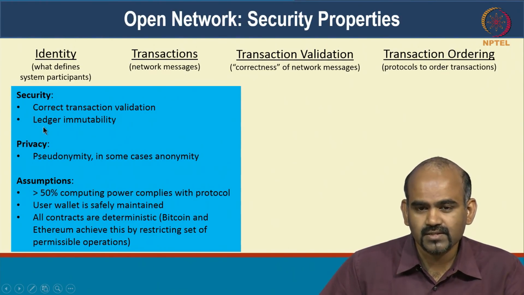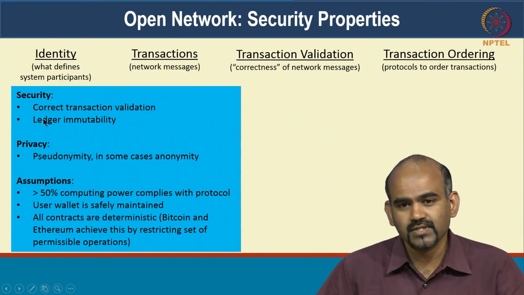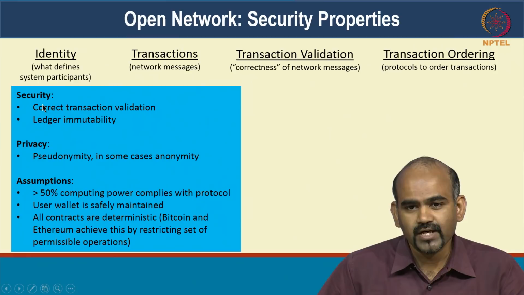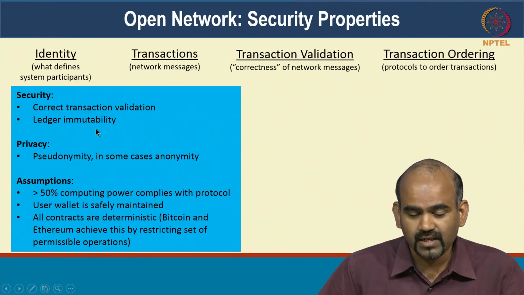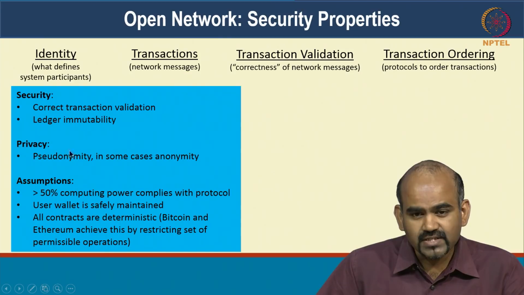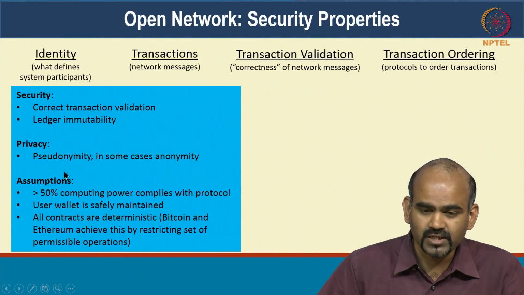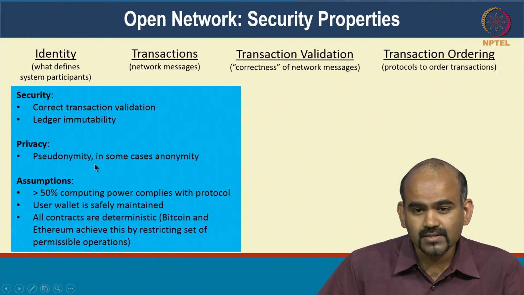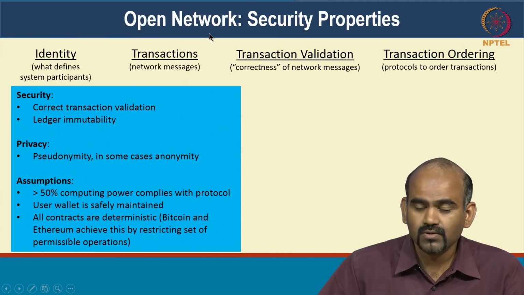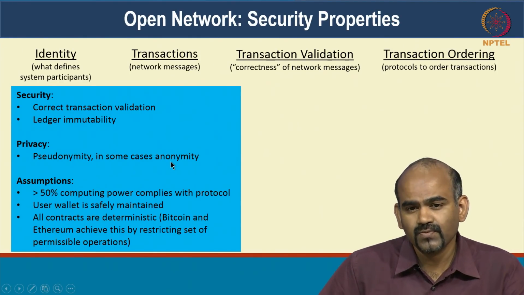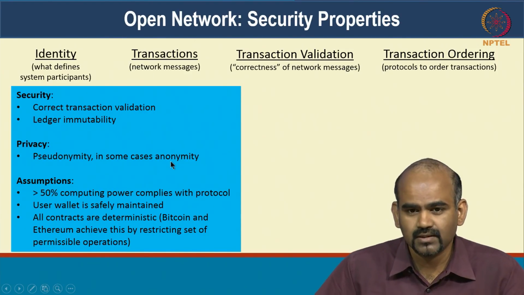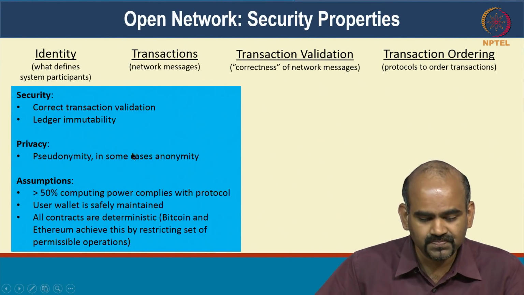In the Bitcoin case, as long as a certain fraction of the nodes are not compromised, you can still provide this immutability guarantee. The privacy, on the other hand, the only kind of privacy that they provide is through the notion of pseudo-anonymity. In some cases, although there are permissionless networks that have full anonymity. We will talk about that later in one of the lectures.